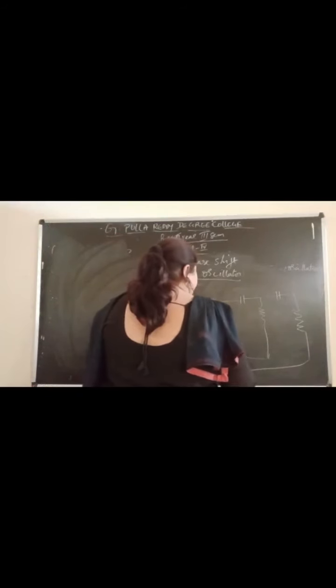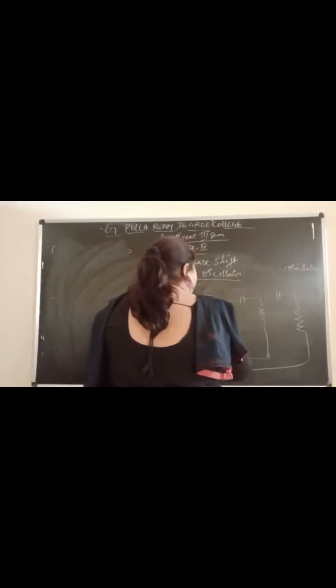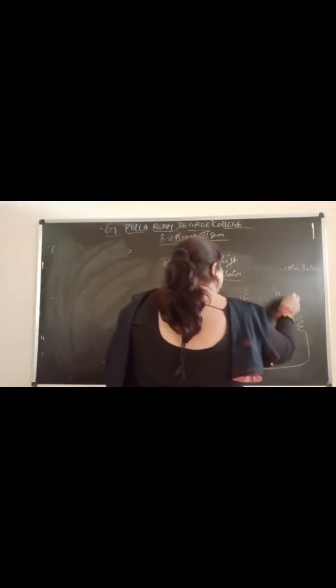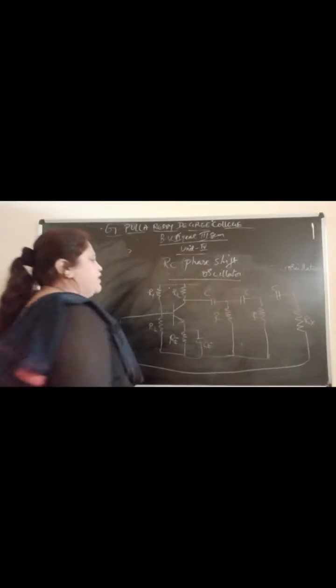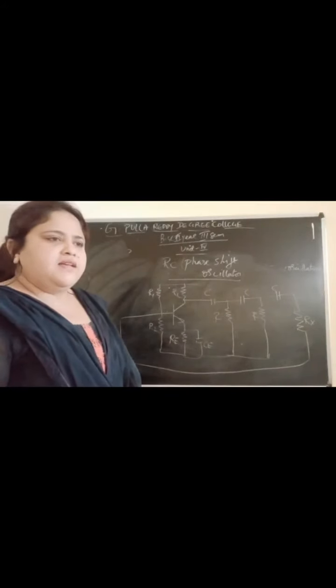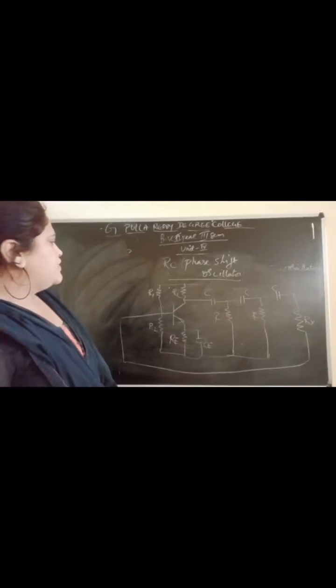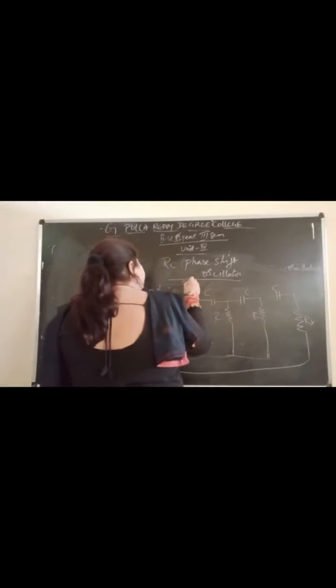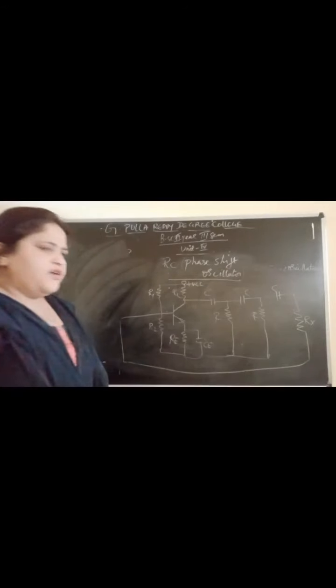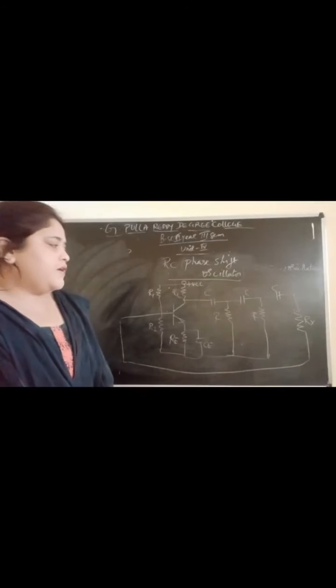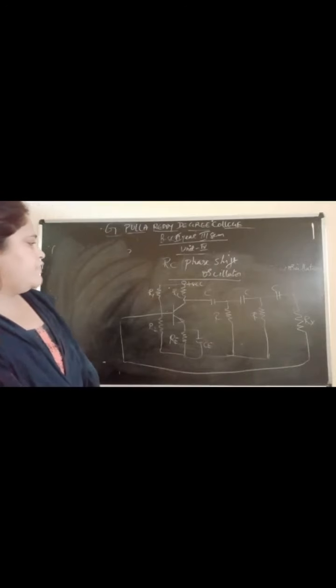This is C and R, C and R, C and R. Now you can write here plus VCC, the DC power supply. So this is your circuit diagram of the RC phase shift oscillator.